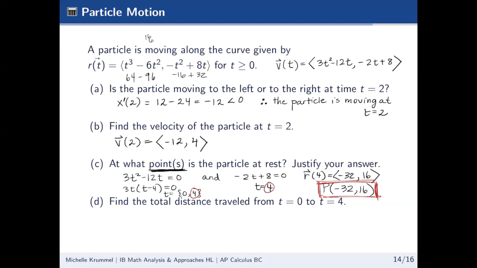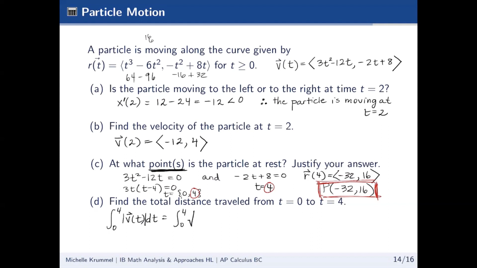And then find the total distance traveled from t equals 0 to t equals 4. Total distance traveled on this interval, we want to integrate the absolute value of the velocity. And because this is a vector valued function, that means we are integrating the square root of dx dt squared plus dy dt squared, or x prime squared plus y prime squared.